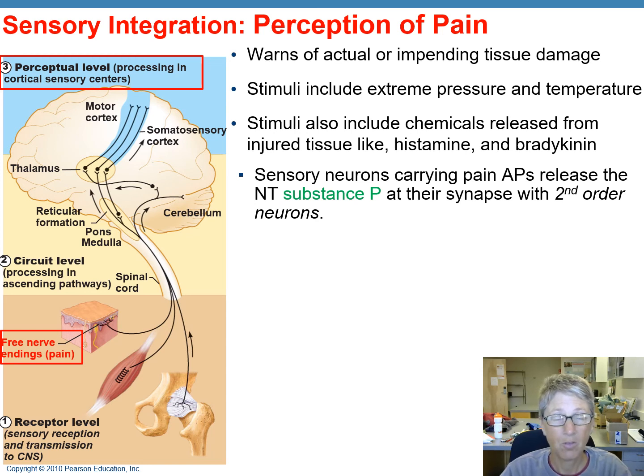And then the sensory afferent neurons carrying pain action potentials will release this substance called substance P. It's a neurotransmitter at their synapse with the second order neurons. So here, if in pain, you would find the release of the neurotransmitter substance P from the axon terminal of the second order neuron onto the cell body of the third order neuron.